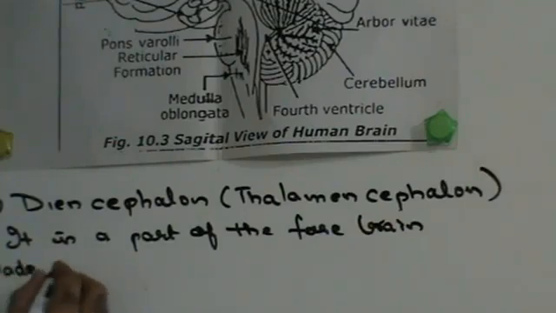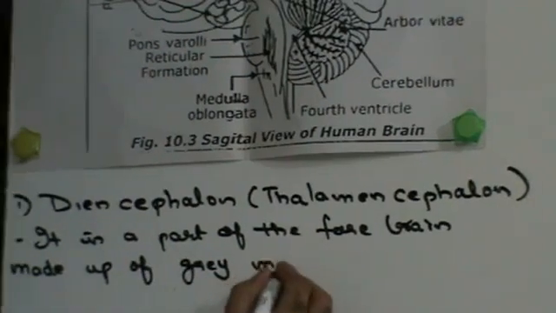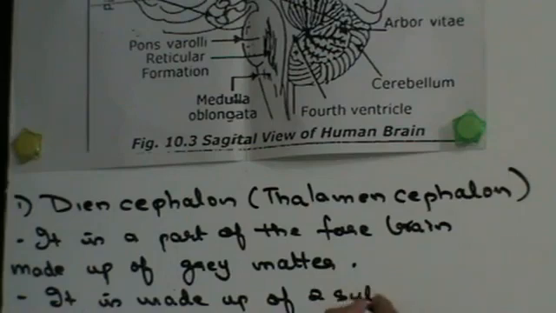It is made up of two subparts: thalamus and hypothalamus.